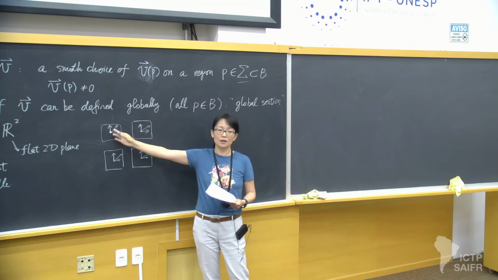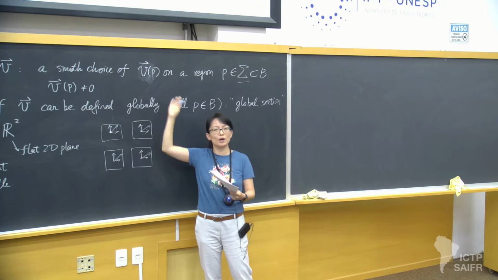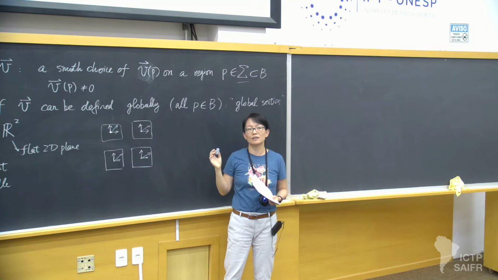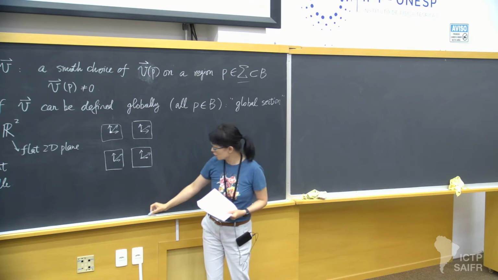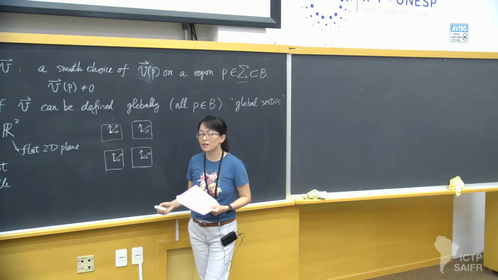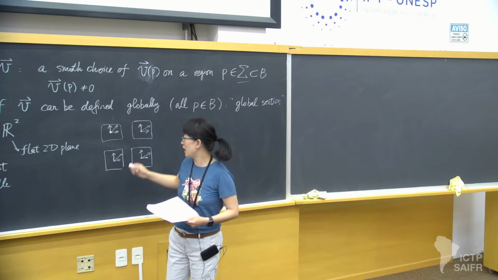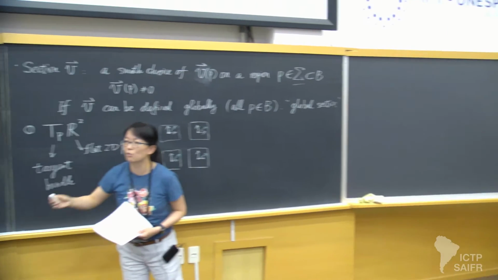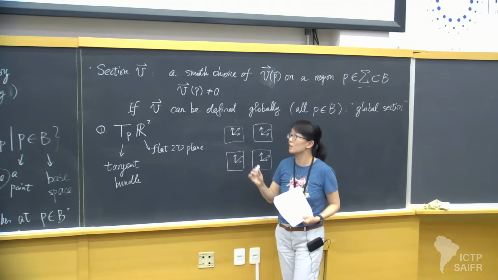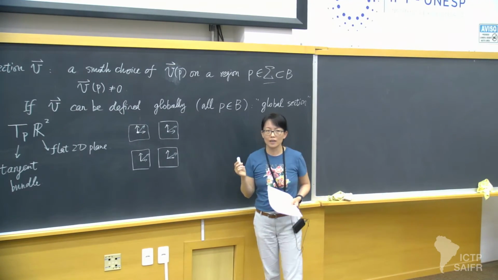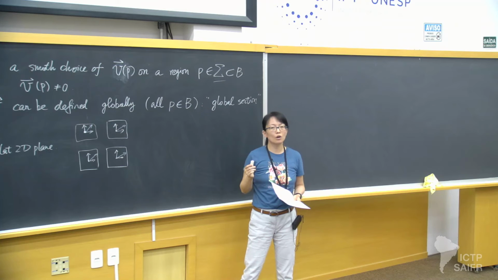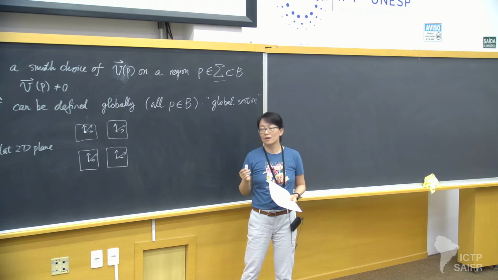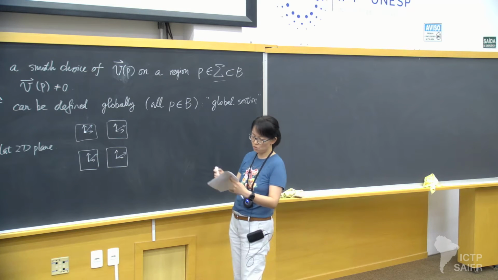I just choose a particular vector at each point, that is a section, okay? It has to be continuously varying. So I cannot have a defect like that. I would not call it a section because it's not smooth, okay? Any more questions?